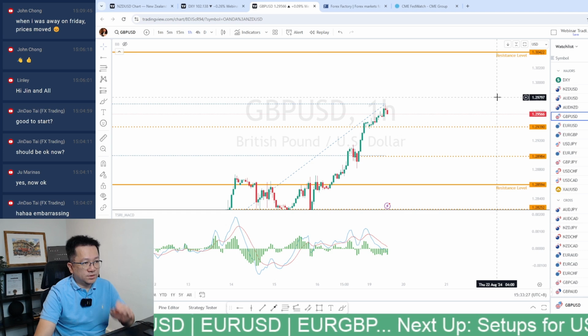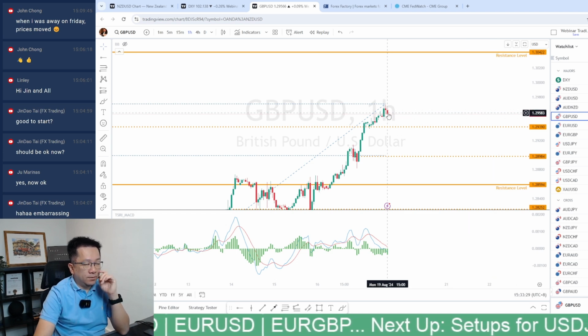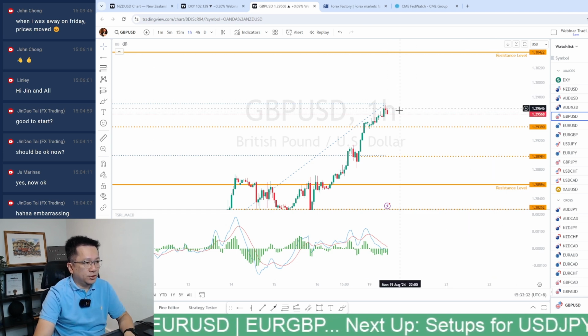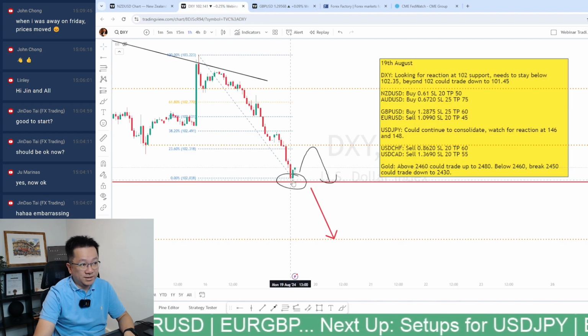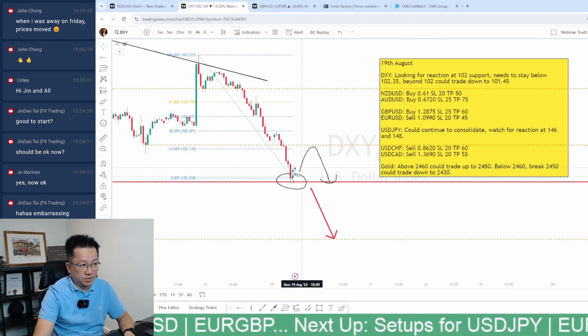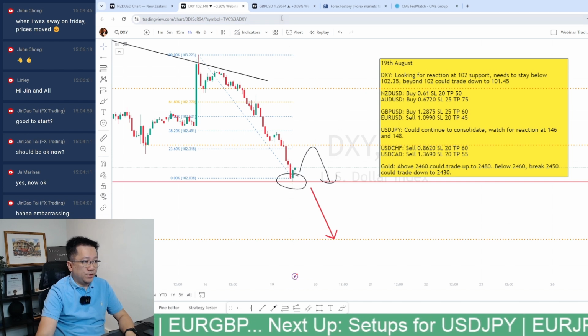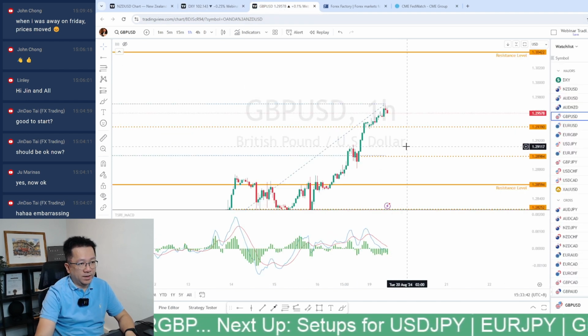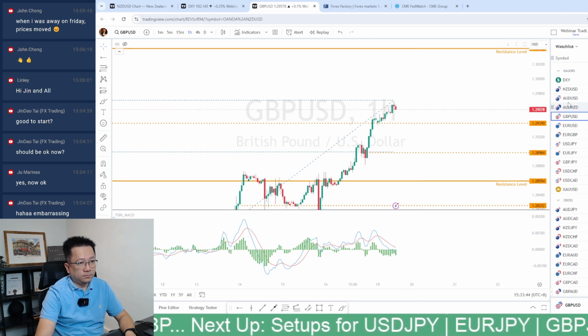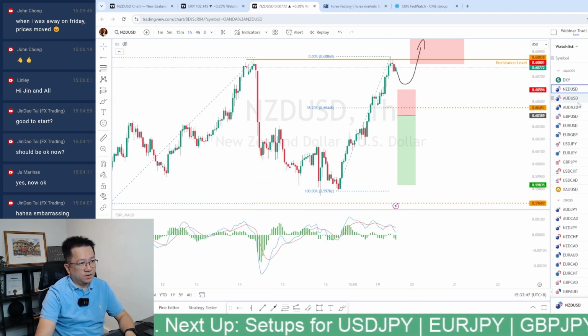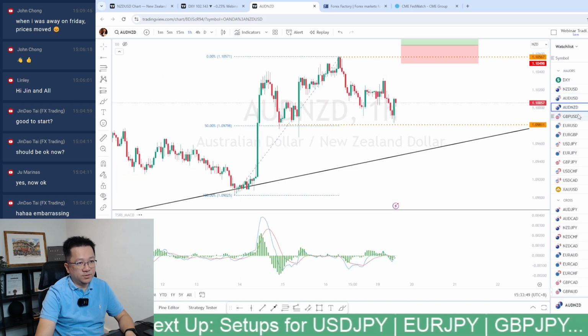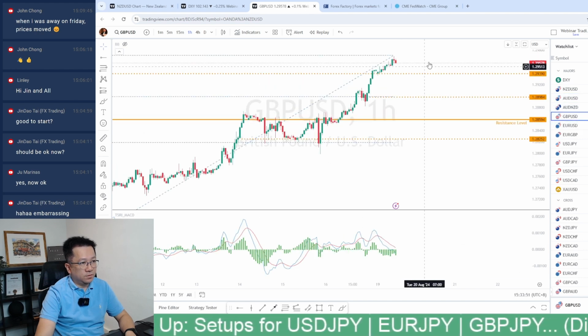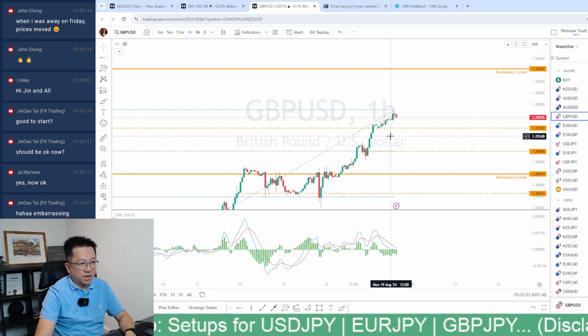So it looks like pound dollar with no major news on the horizon, dollar index showing that retracement, right? We're talking about that, showing that retracement on the dollar could push back down. Looking at that, I'm starting to think, no, I'm still happy with that. Okay, so looking for it to push down.